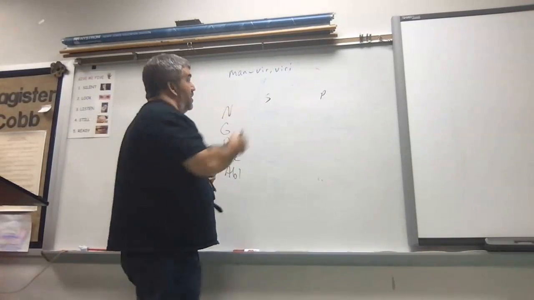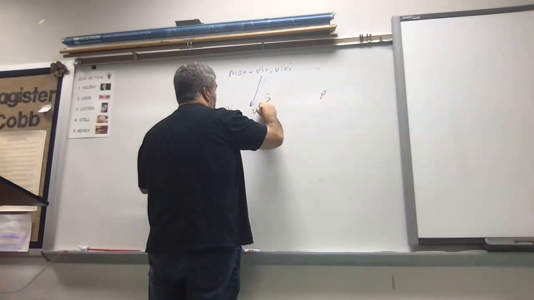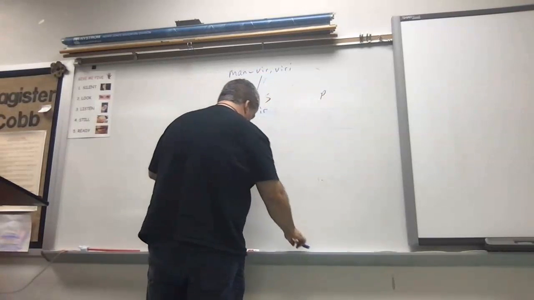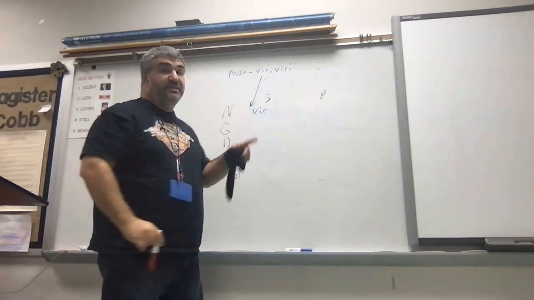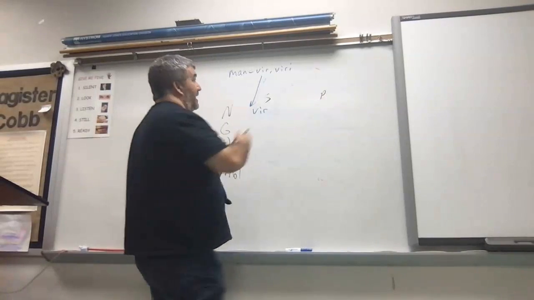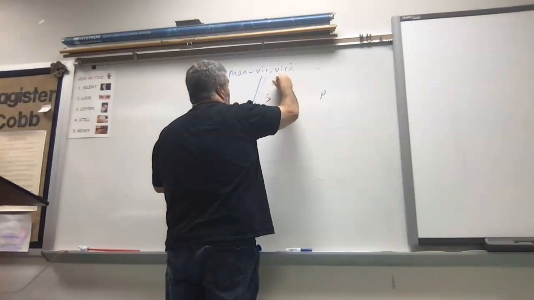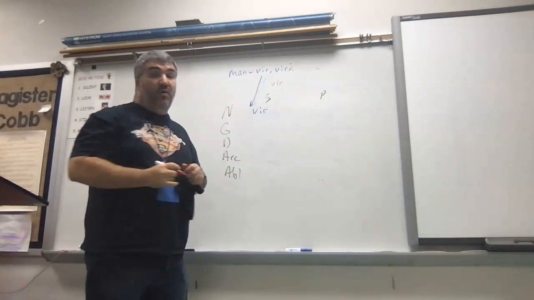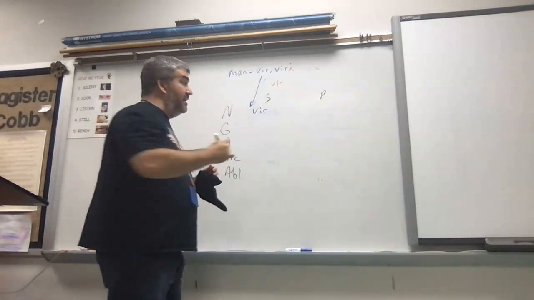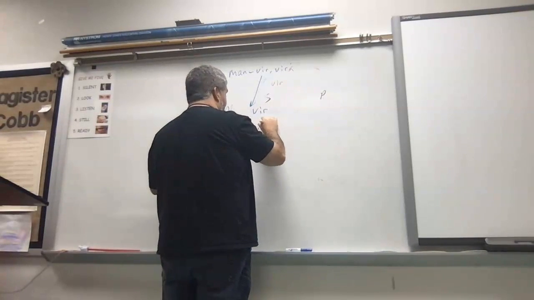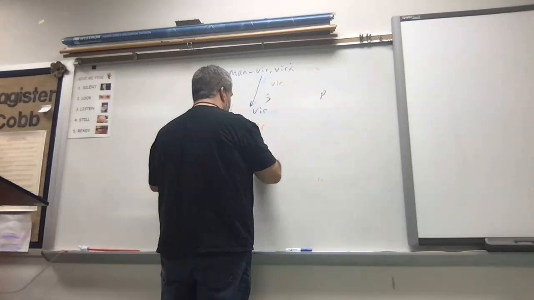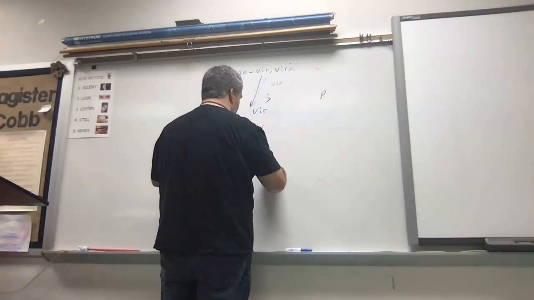Again, first step, we drop and stop the first form, vir. Second step, we go to the second form, we chop off the I. What's left, vir, that's our base. Now in this case, the first form looks exactly the same as the base. So we fill out the rest of the chart with that.